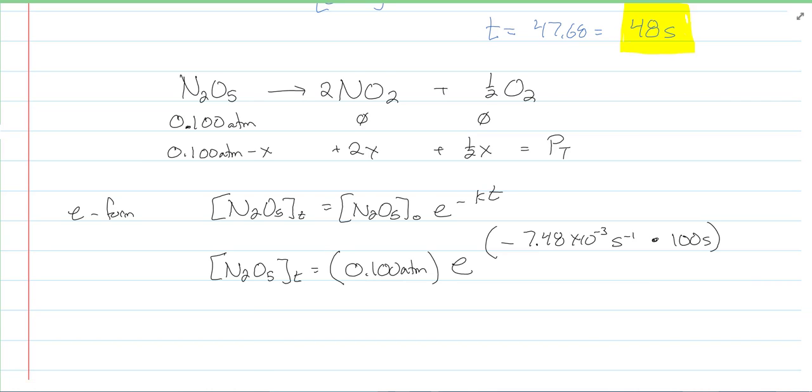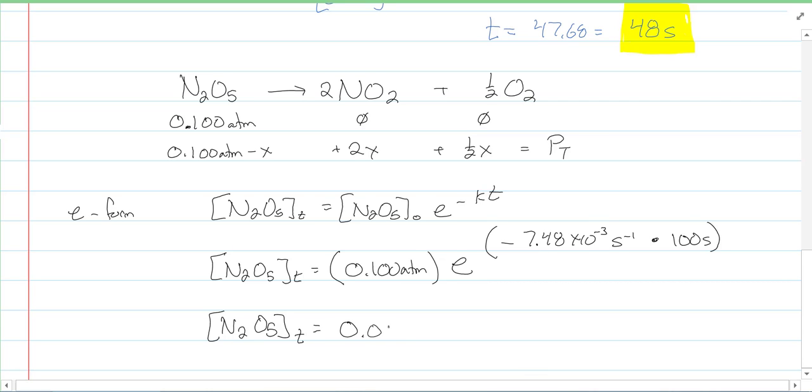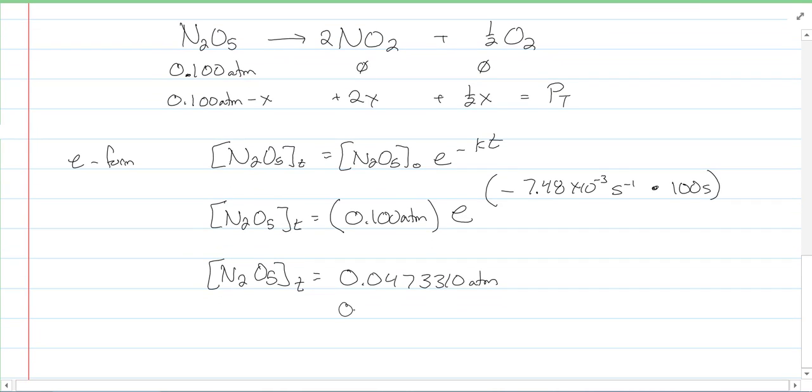So if we do this math, I get the concentration of N2O5 at time t equaling 0.04733310. And obviously, that's too many figs. I can only do 0.0473 atmospheres. So that's what I get. That's my concentration at time t.